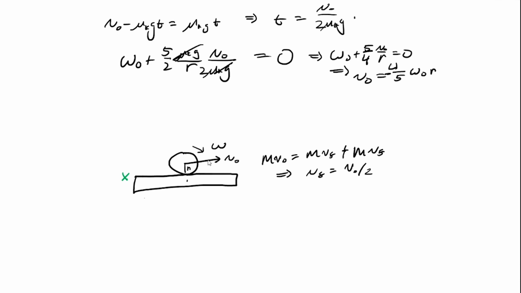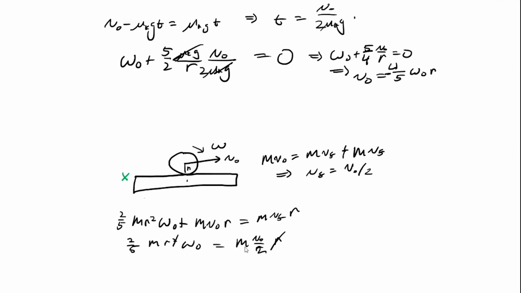So at the beginning, there's the I omega term, which is 2/5 m r squared omega naught, and then there's the component r cross p, which is going to be m v naught r, and we set that equal to the final angular momentum, where we know the ball is not going to be spinning, because that's the condition given in the problem, and it's going to be moving at this speed here, so that gives us m v final r, and so 2/5 m r squared omega naught is equal to m v naught over 2 r.